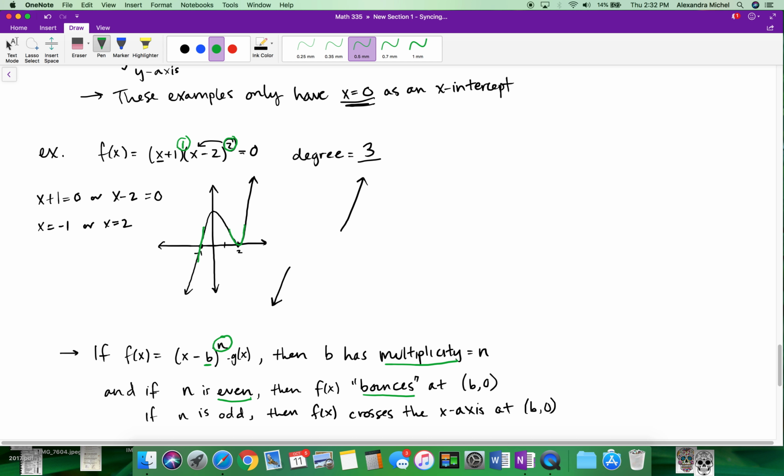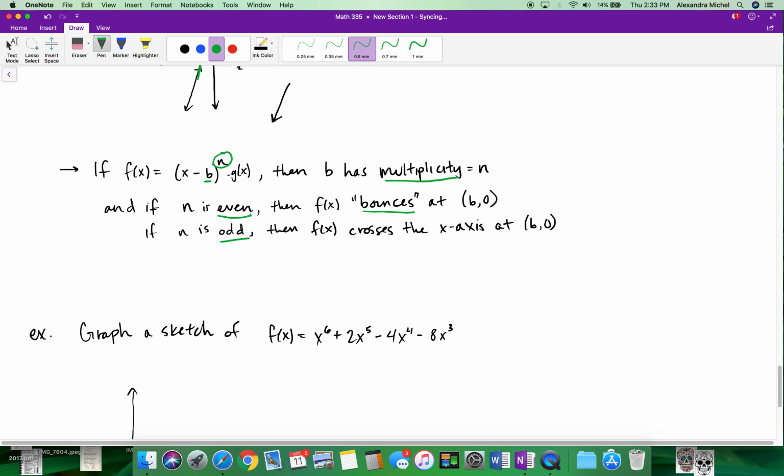So here we have an even multiplicity at x equals 2, and at 2, we're noticing this bouncing behavior. But if n is odd, then f of x crosses the x-axis at that place. So here, our multiplicity was odd, it was 1, and so at x equals negative 1, we're actually passing through. We're going across the x-axis.